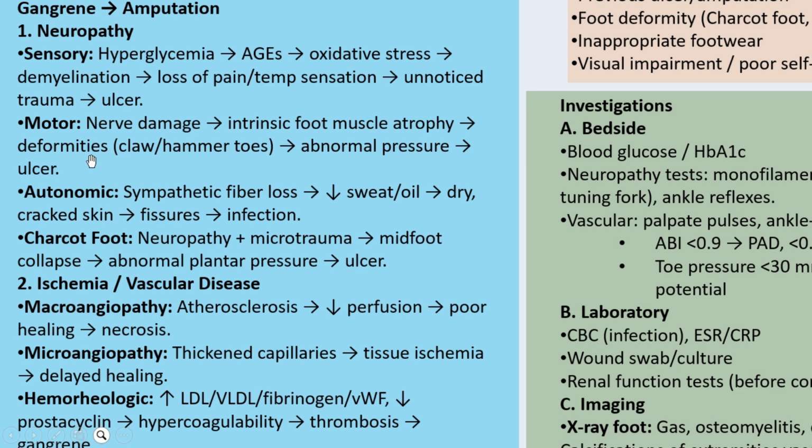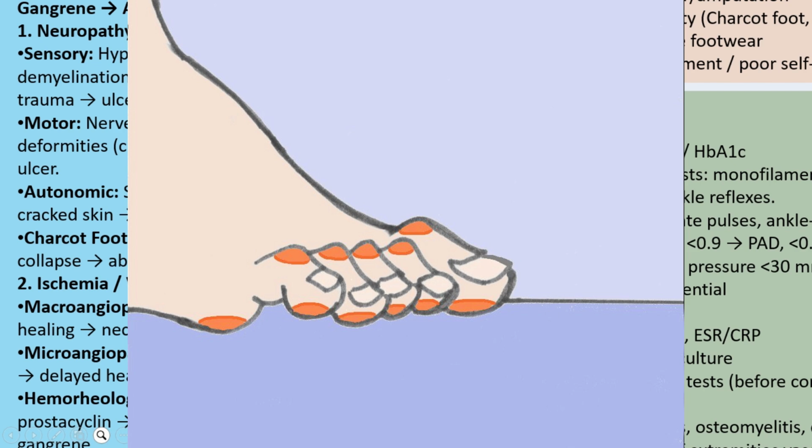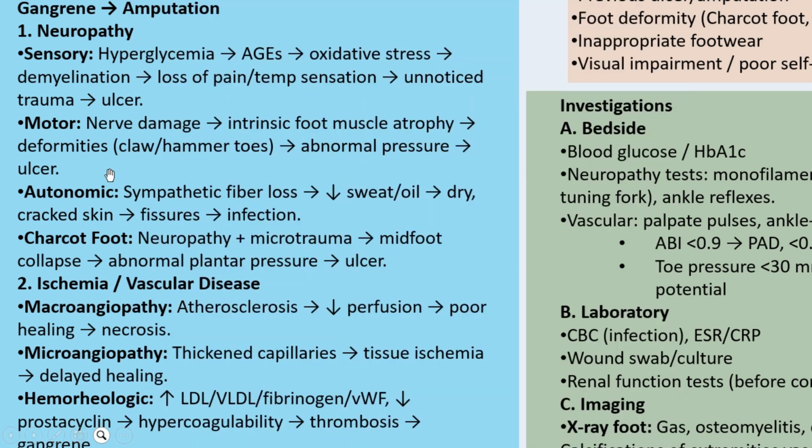So when you have atrophy of muscles, things are going to be deformed, and we shall have things like the claw or hammer toes, whereby we have the flexion of the distal interphalangeal joints, and that is going to cause a new abnormal pressure on the upper surface of your foot, and when that is exposed to trauma, you can easily get ulcers.